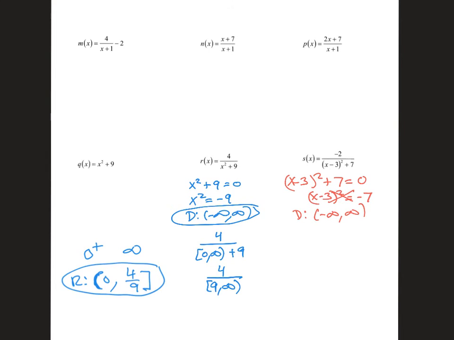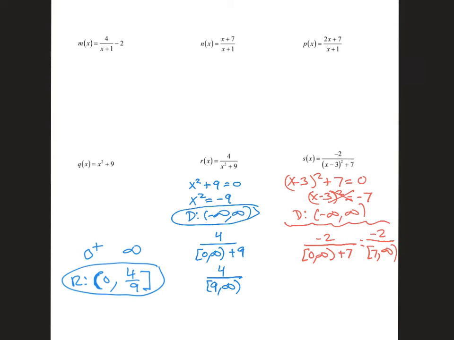Now for the range. We're going to do the same process that we did for R. For the range, the numerator is -2. The denominator, the only thing that's changing is the x minus 3 squared. The smallest that can be is 0, and it can explode to infinity, and then I have the plus 7. So what I'm really dealing with here is -2 over 7 to infinity.